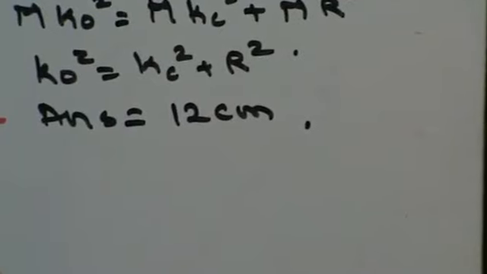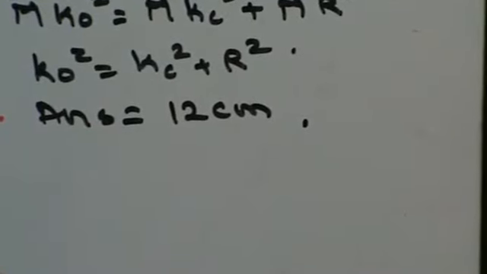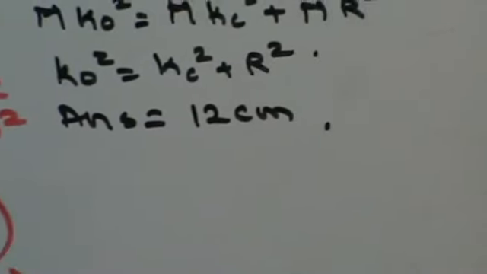A disc is freely rotating about a vertical axis passing through its center at a rate of 200 rpm.